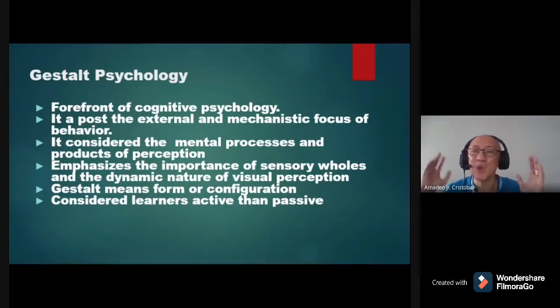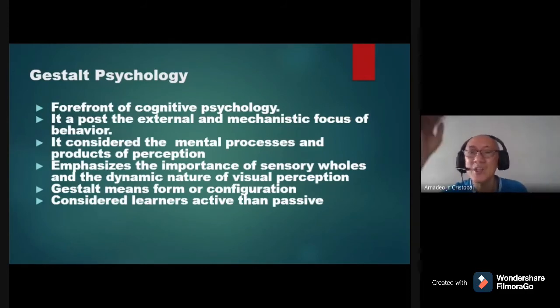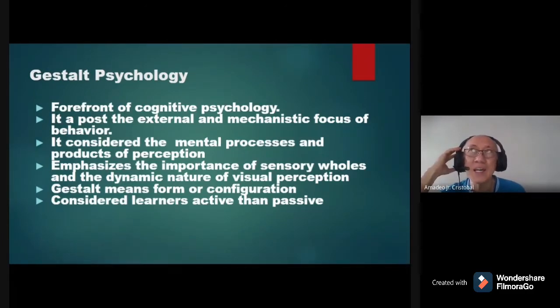You have to listen attentively, look at the presentation, and concentrate, meaning you will not be disturbed by other external factors in your environment, whether you are in your house, in your room, or any place in your abode. You have to remove being distracted by what you sense. Because in order for an individual to learn, according to Gestalt, they must be active.